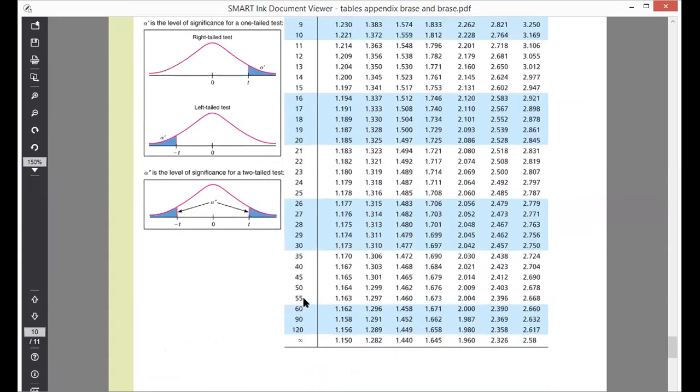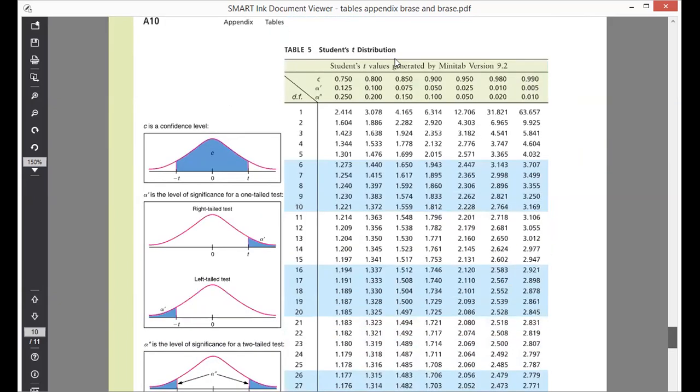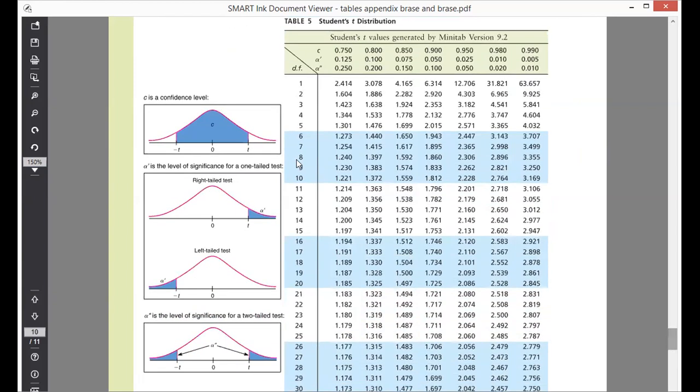Notice once you get to a certain point, 28, 29, 30, it starts going from 35 to 40, 45, and so on. 60 to 90 to 120, and so on, right? So you have your degrees of freedom going down this column, and then going across the very top is what this represents.